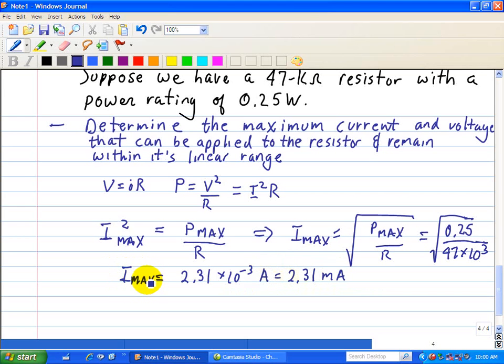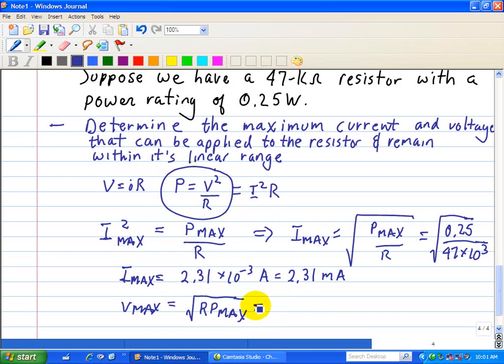for this device. Similarly, for the voltage max, we can just also use Ohm's law if we want, just multiplied by the resistance, but we'll use the power equation just for practice. So this would be the square root of R times P max. And that's using this relationship here to get this relationship.